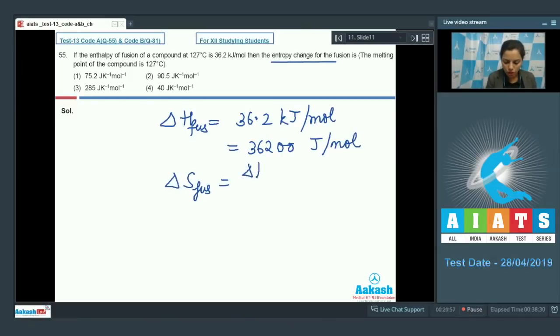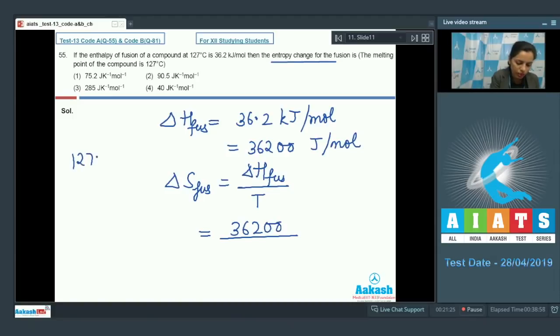In this case, entropy change we need to find out. That would be equal to delta H for the fusion divided by the temperature of fusion, or simply you can say melting point. So this becomes 36200 divided by the temperature or the melting point for fusion of that compound. It is 127 degrees Celsius. In Kelvin it would be equal to 400.